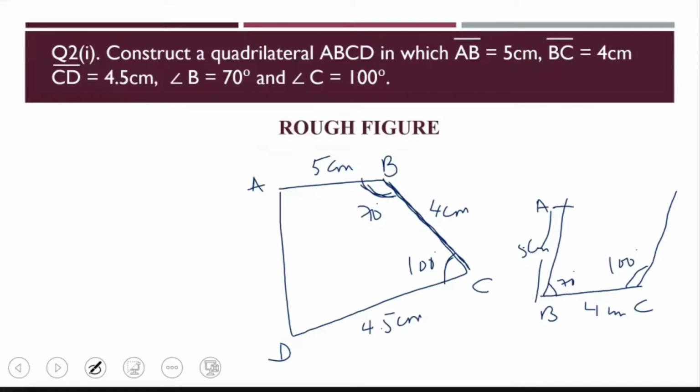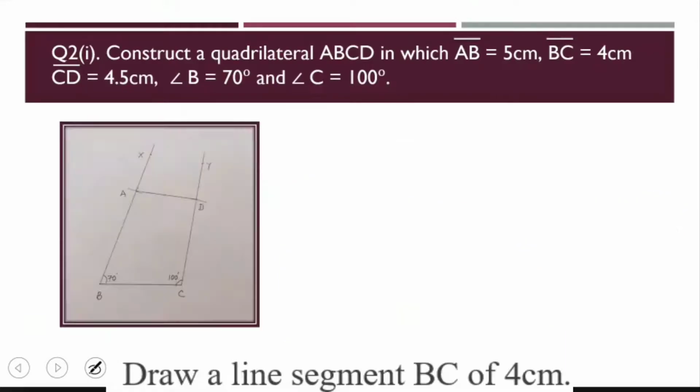CD is 4.5, so with C as center and radius equal to 4.5, I'll make an arc. So this is point D, wherein CD is 4.5 centimeters. I'll join A and D to get the quadrilateral ABCD. So this completes the construction. Let us do the steps one by one and make the exact precise figure.